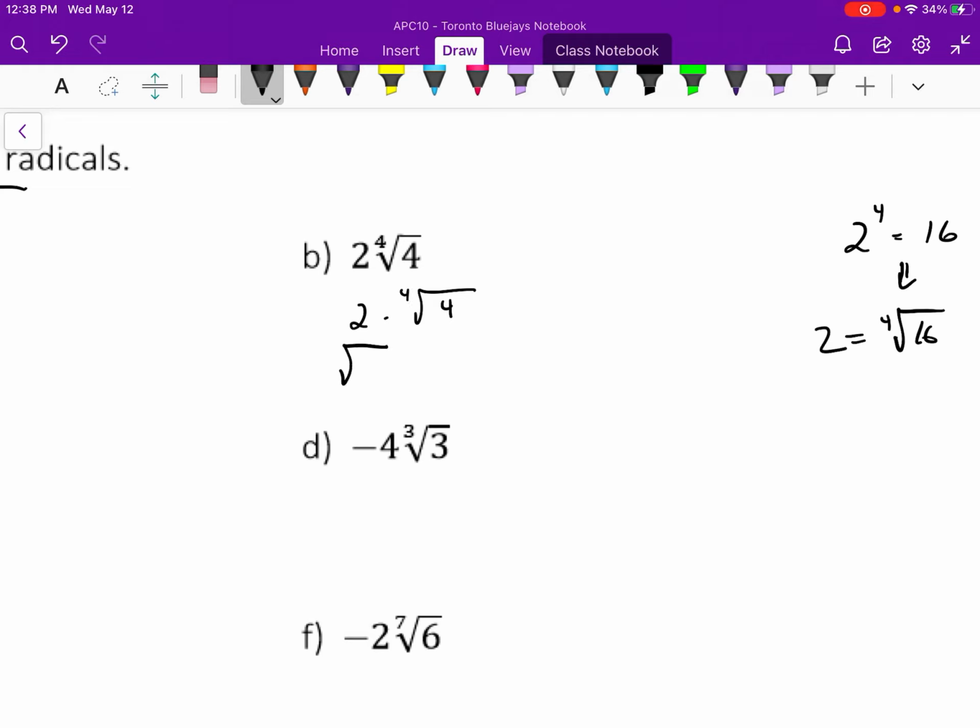Now 2 is simply the fourth root of 16, times the fourth root of 4. And since the indexes are the same, I can put them under one radical. So I can write this as the fourth root of 16 times 4, and this is the fourth root of 64.